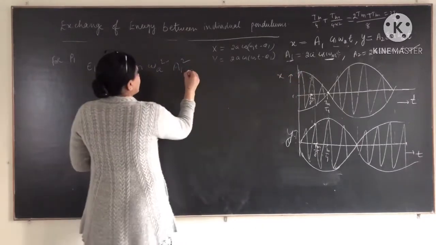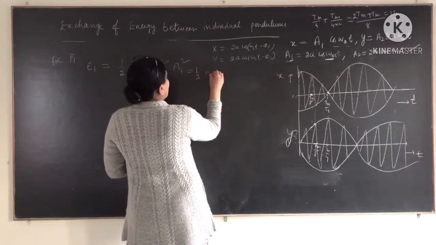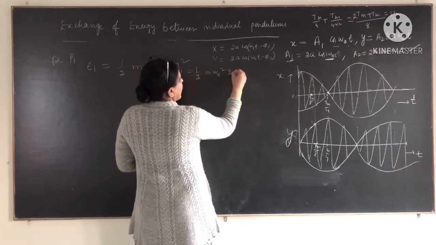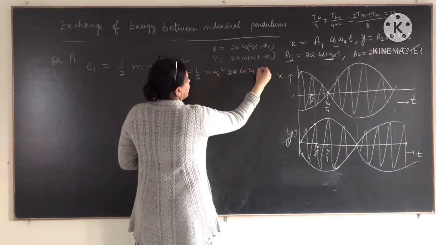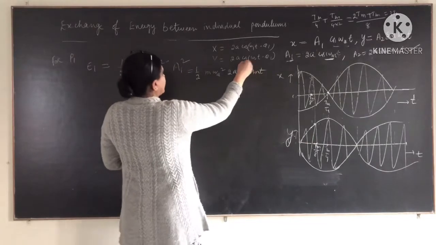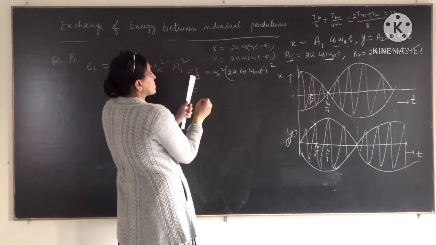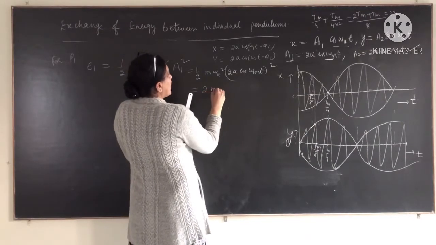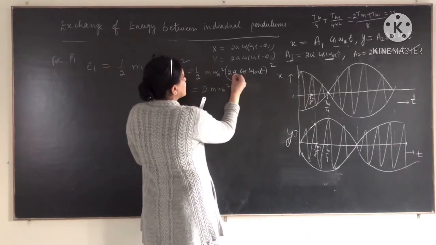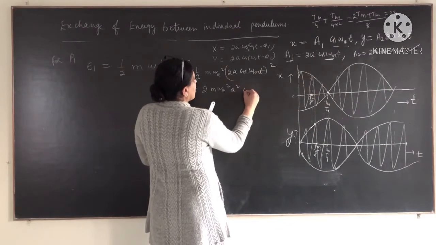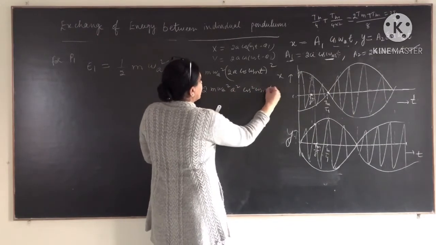So what you get is half m omega square 2a cos of omega m t whole square. So this is equal to 2 m omega square a square cos square omega m t.